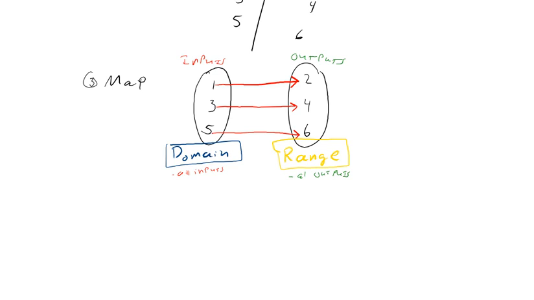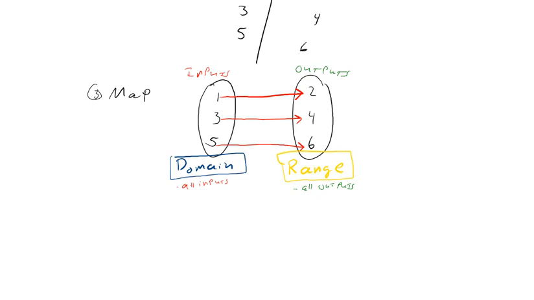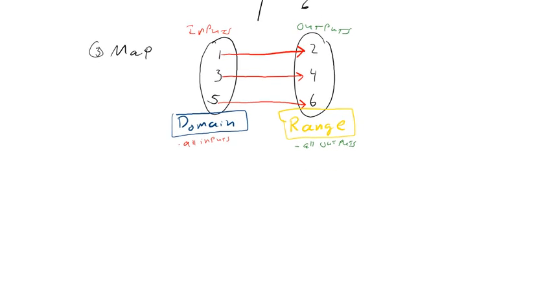All the inputs, we call that the domain, and all the outputs are the range. Questions so far? All right. So domain, range, input, output, these functions, these mapping diagrams, all these details here explain how we talk about functions.